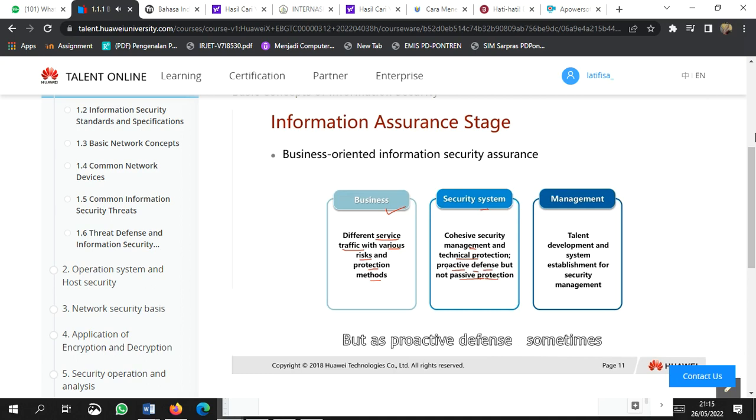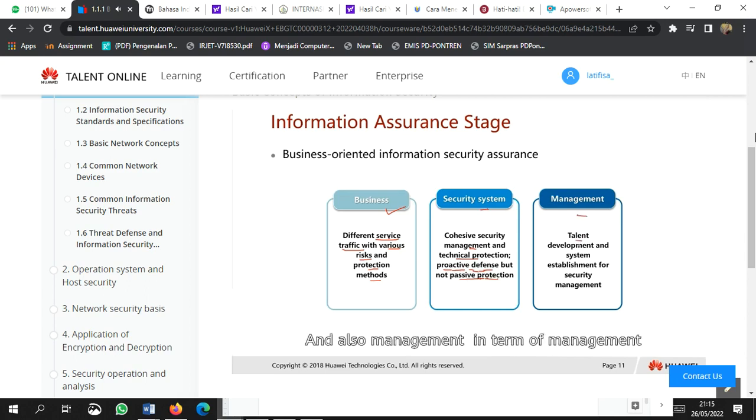But with proactive defense, when a threat is about to happen, we can actually tell something is about to happen. It's not like something has already happened. You need to be able to predict. For example, if somebody attempts to penetrate our system, then we should be able to tell.